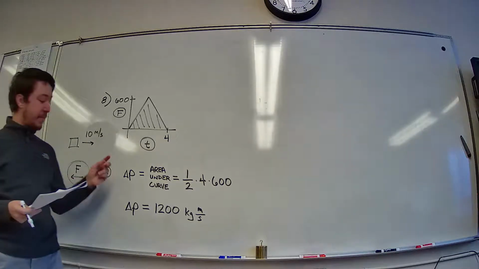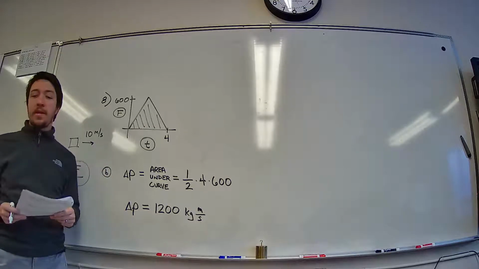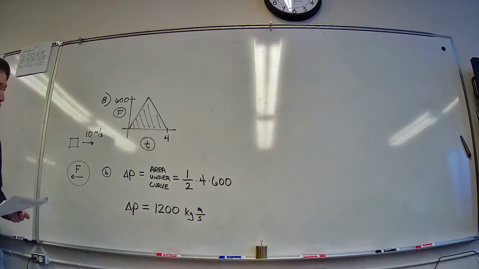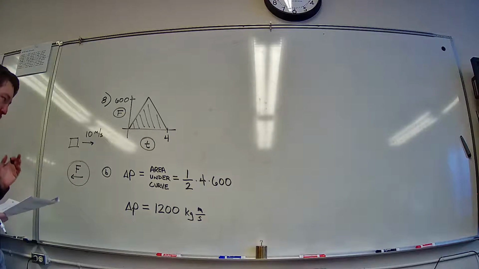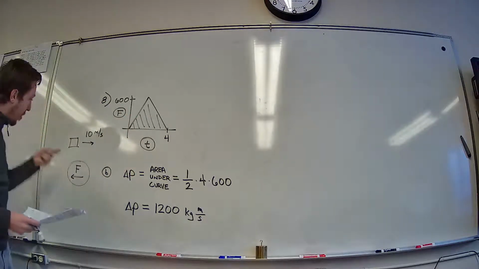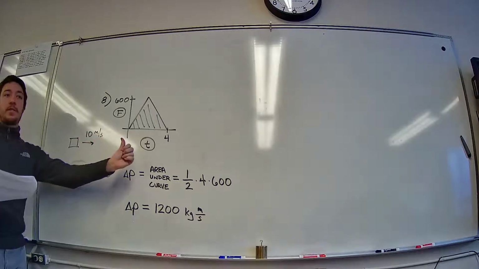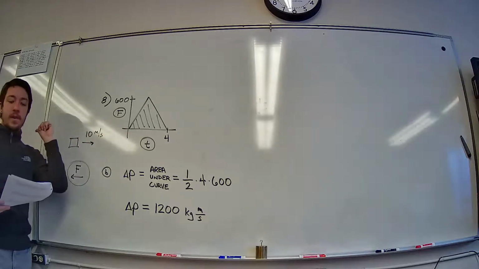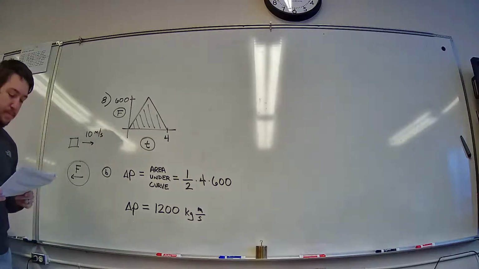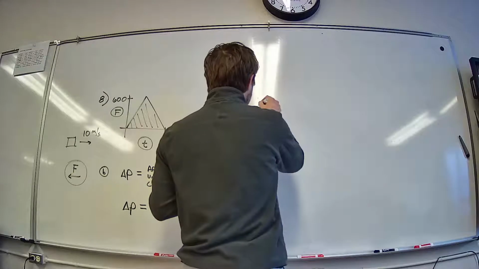Just for vocabulary purposes, remember that impulse just means the change in momentum. Now, if you want to be a real stickler about positives and negatives, and you want to call this the positive direction, then you probably ought to call this the negative direction. So anyway, A.